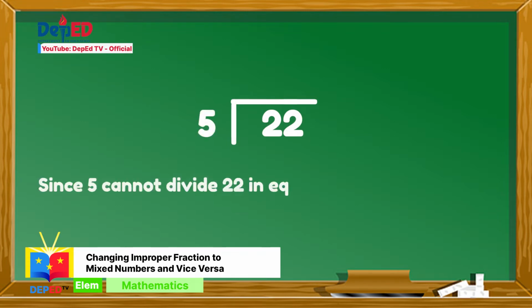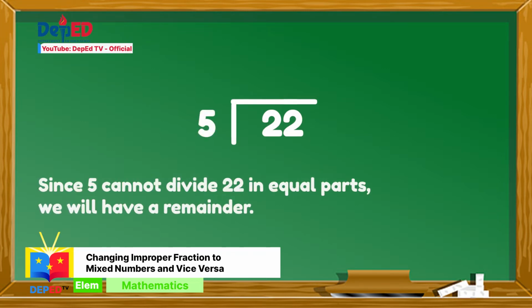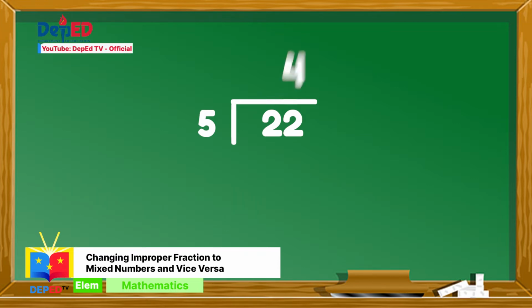Since 5 cannot divide 22 in equal parts, we will have a remainder. But note that there are 4 5s in 22 since 4 times 5 is 20. Then, we subtract to get the remainder. 22 minus 20 is 2.